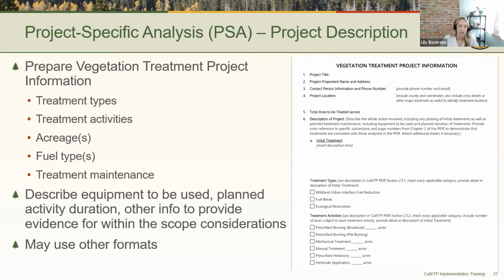And other information that will be helpful in preparing your project description and project-specific analysis is including information about the types of equipment that will be used, the duration of activities, the size of treatment crews, things of that nature, because they will really help you down the road provide the evidence for your within the scope considerations.